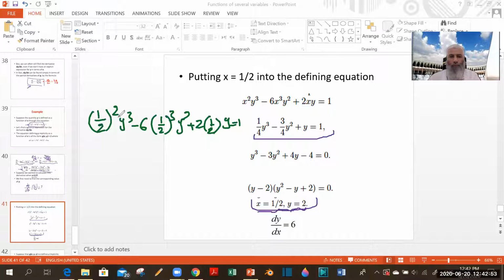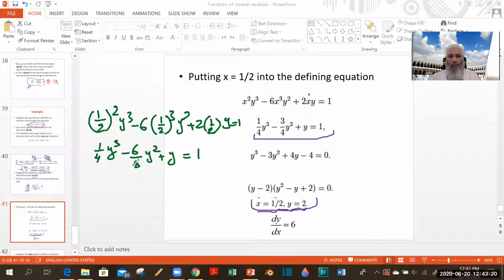So it would be 1 over 4 y cubed, minus 6 times 1 over 8, y squared, plus 1y equals 1.